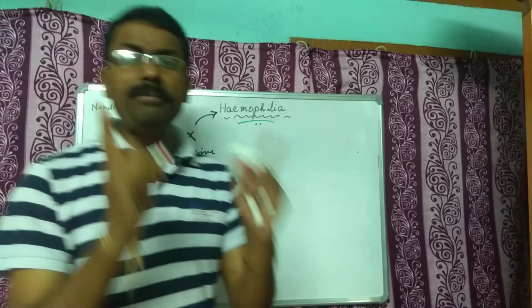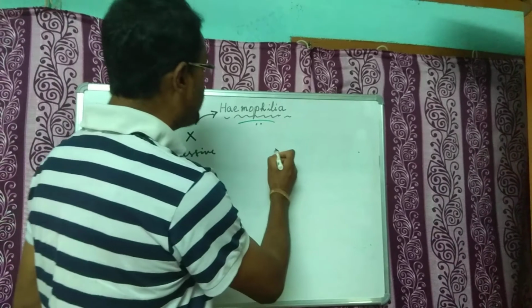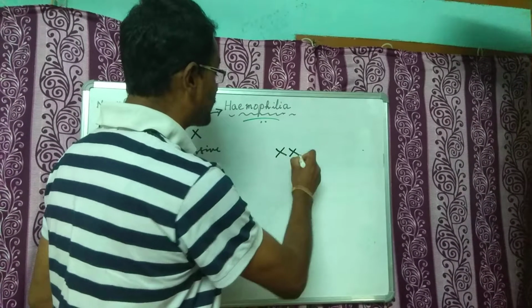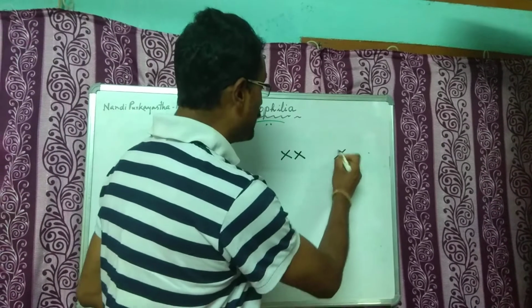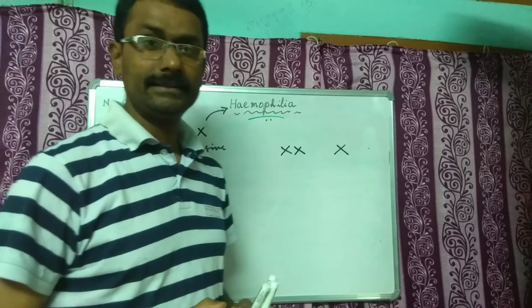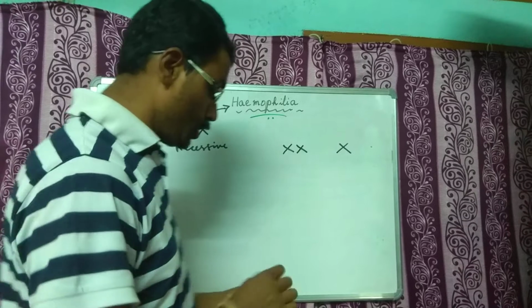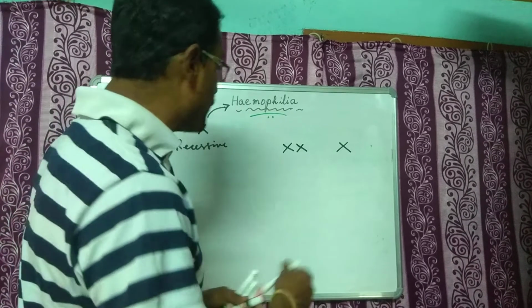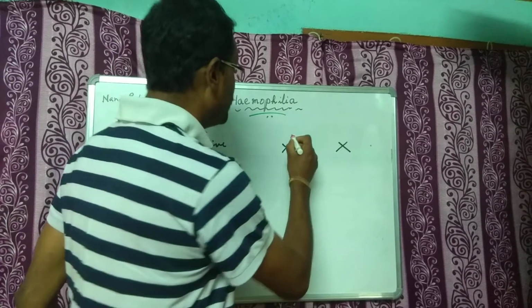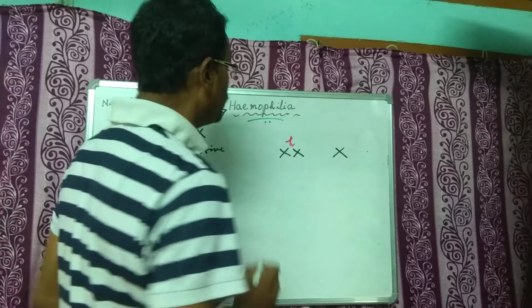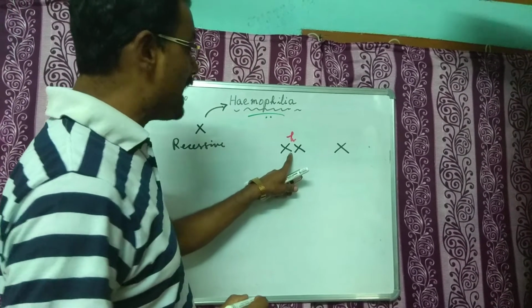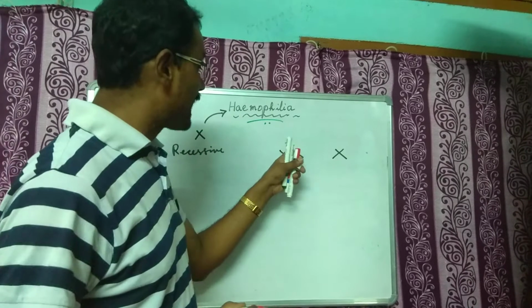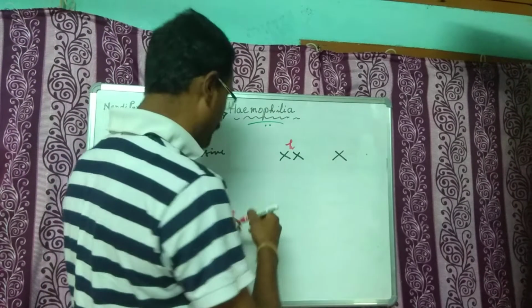Now, in the case of females, what are we finding? Females have 2 X chromosomes, and males have 1 X. Suppose in a female, one X is infected, and the other one is normal.